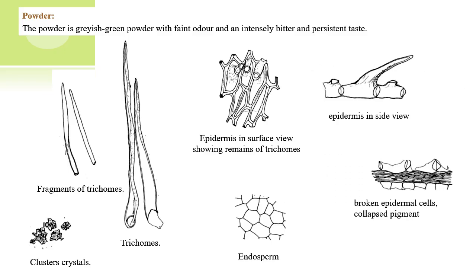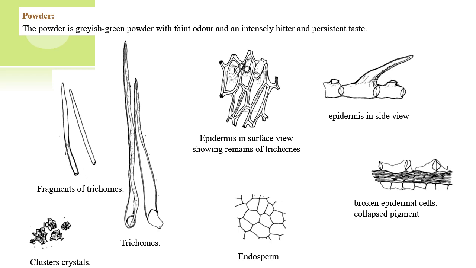Powder of Strophanthus is grayish-green to yellowish in color, having a faint odor and an intense, bitter, persistent taste. The powder shows fragments of the epidermal cells extended into the hairs with the lignified rib at the side.